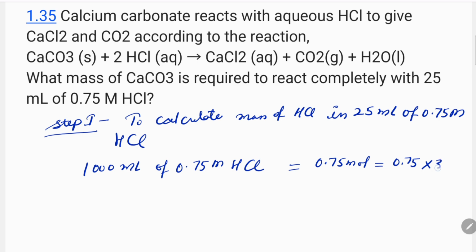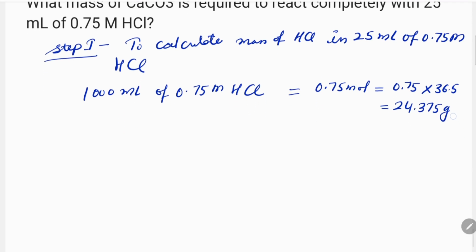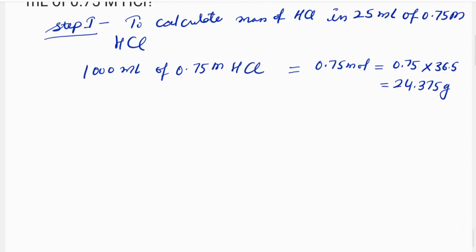Molar mass of HCl is 36.5, which comes out to be 24.375 grams. So if 1000 milliliter was taken, then it should be this much.